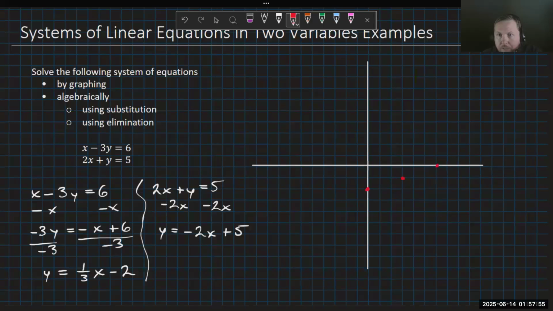Or I could go down 1, left 3, and repeat. This is kind of overkill, but you can see they're all following that linear pattern.